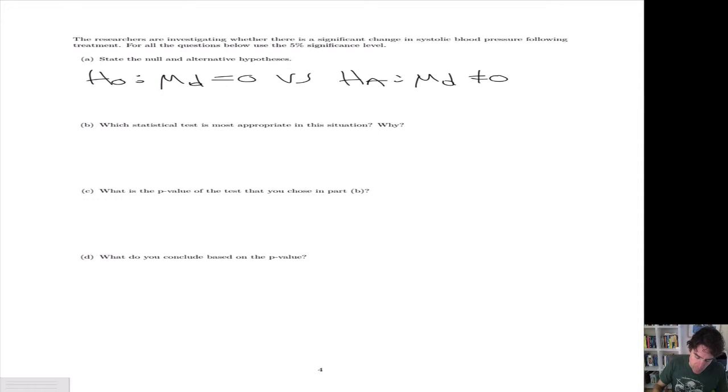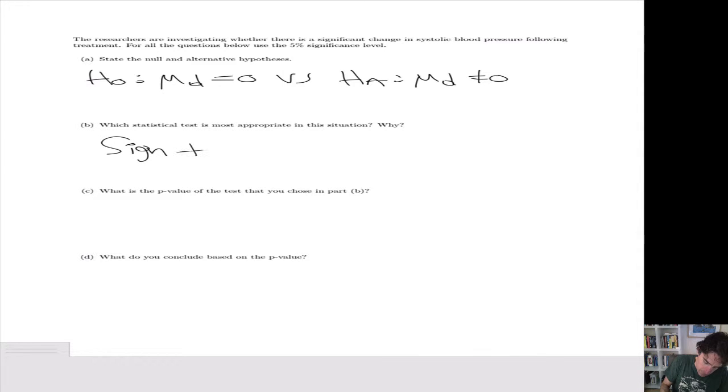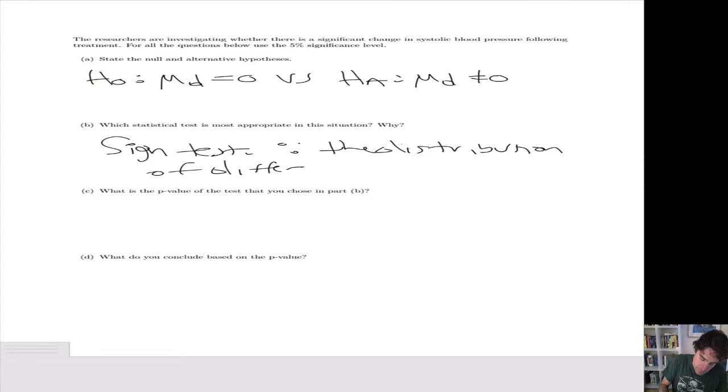So which test is most appropriate in this situation, and why? Well, it's the sign test, since the distribution of differences is not normal.